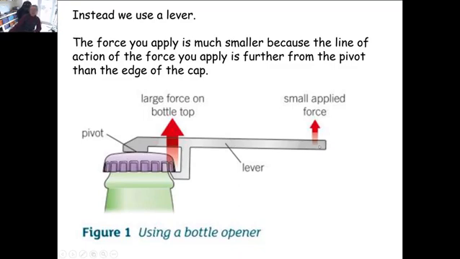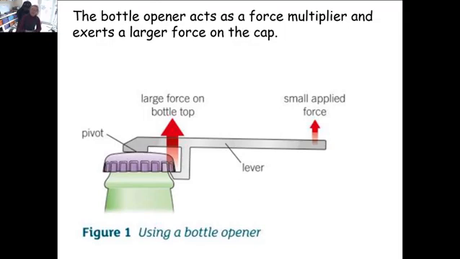They will both create the same moment, and that allows you to lift the lid much more easily. And we say the bottle opener is acting as a force multiplier. We're allowed to apply a small force to generate a much larger force close to the pivot point.